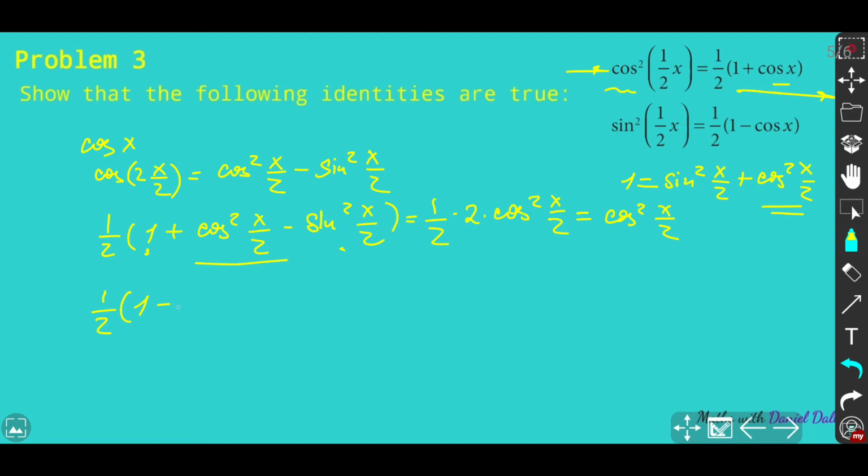So we've got 1 minus cos squared x over 2, and because we need to change the sign into the opposite due to subtraction, we'll get this. Okay, and now you take this as sine squared x over 2, and you have 2 sine squared x over 2, so basically you'll get sine squared x over 2, and this is what you're supposed to prove.